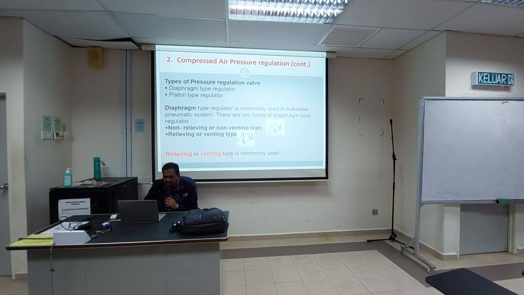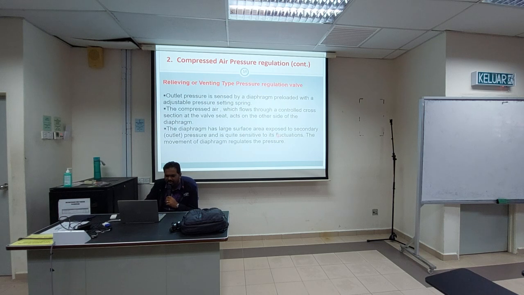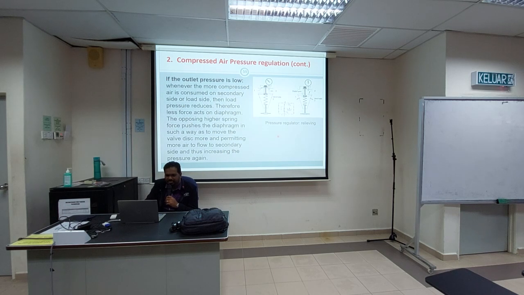Yang ni semua kita dah tengok tadi. Okay, so diaphragm type and also piston type. Okay, so if the outlet pressure is too low, boleh baca dekat sini. So when the pressure is too low, apa yang dia akan buat? So dia akan tangkap more udara, dia akan pressurize, dia akan supply to increase.